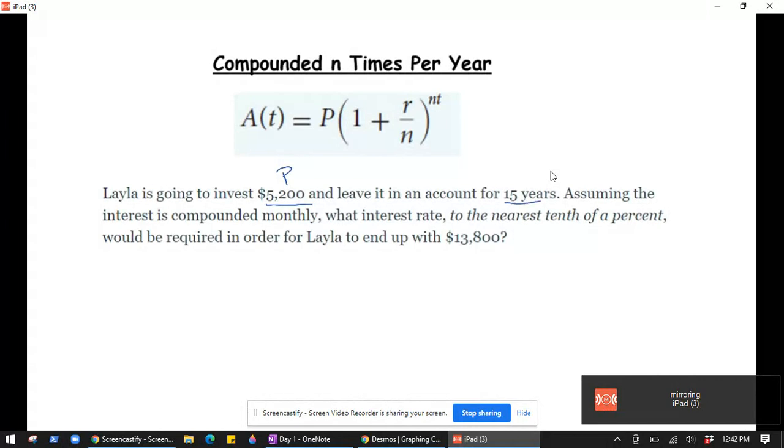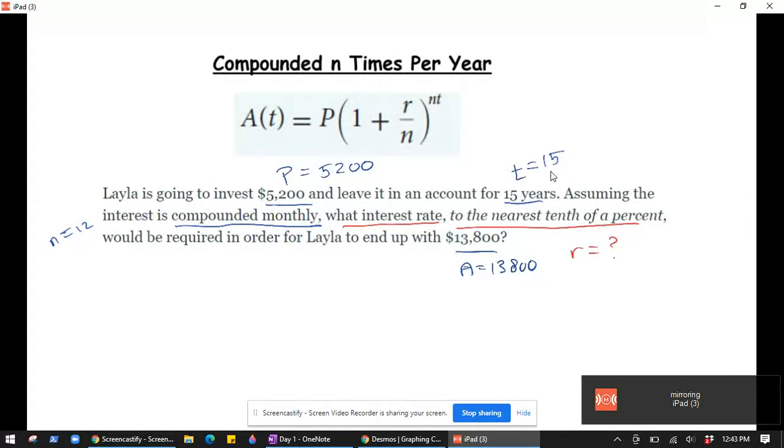Leave it in the account for 15 years, that's T. Assuming the interest is compounded monthly, that tells us that our N in the equation is 12. What interest rate, so we don't know this, that's our R, to the nearest tenth of a percent, would be required in order for Layla to end up with $13,800. That is a future value.